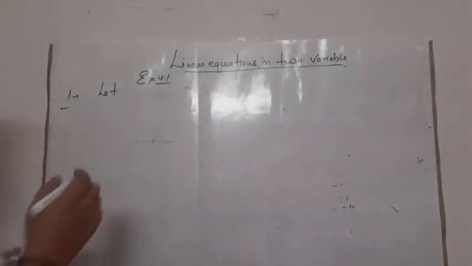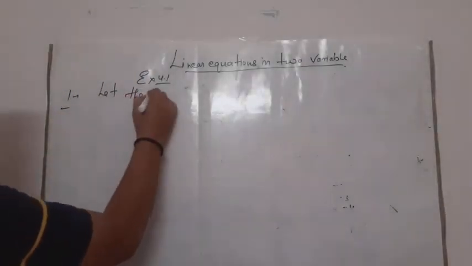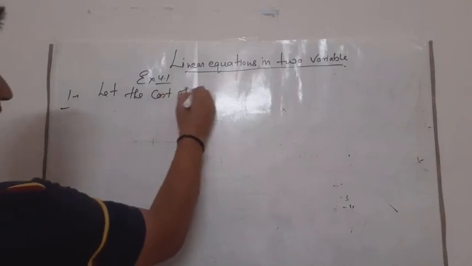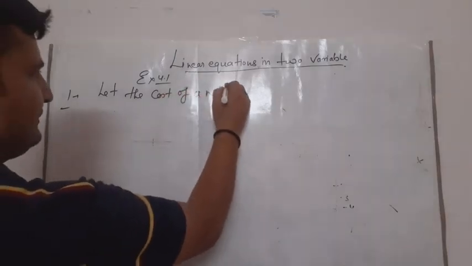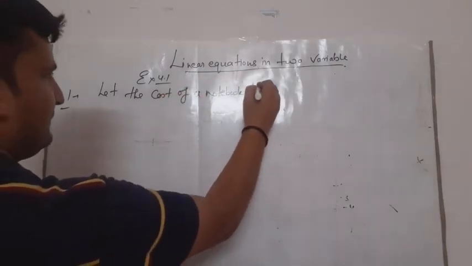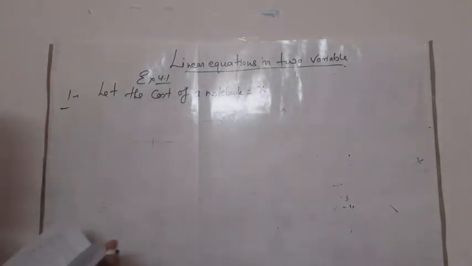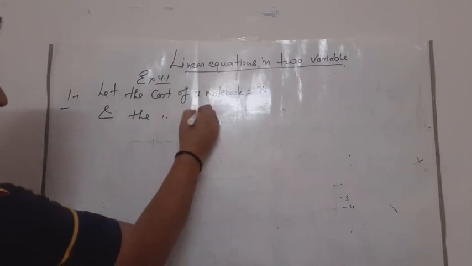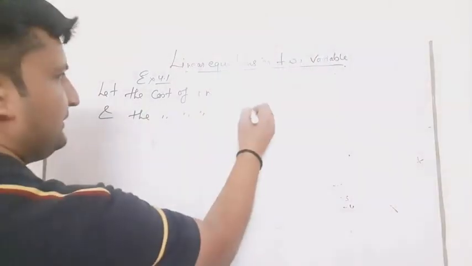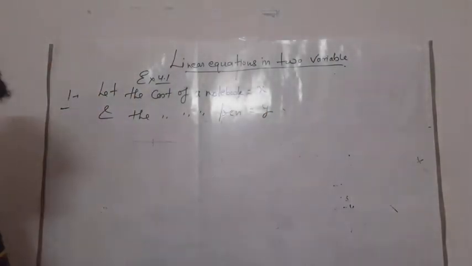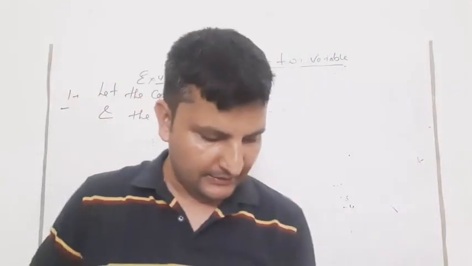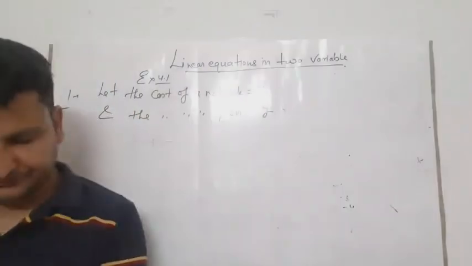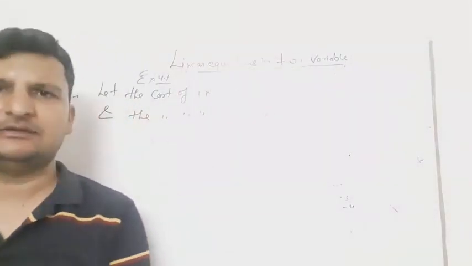Let the cost of a notebook be x and the cost of a pen be y. What is the equation? Write a linear equation in two variables to represent this statement.